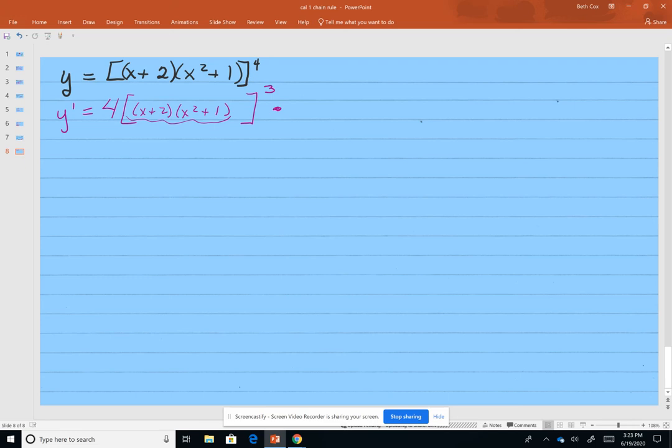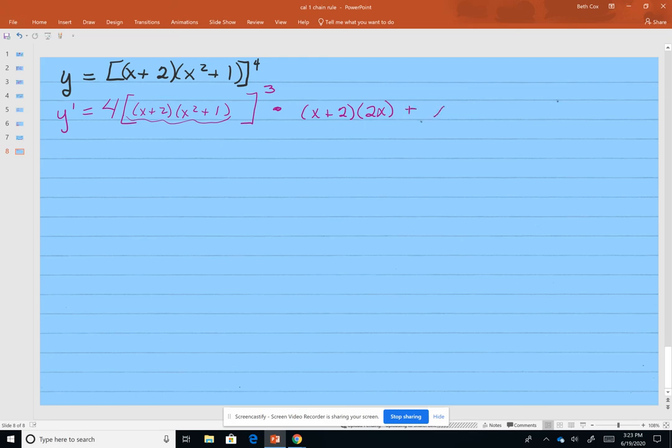Okay, so derivative of the inside. Right, derivative of the inside would be the first times the derivative of the second. Okay, now check out the second one. The derivative of the second is x squared. Hold on. The first times the derivative of the second. The derivative of the second is 2x. Okay.